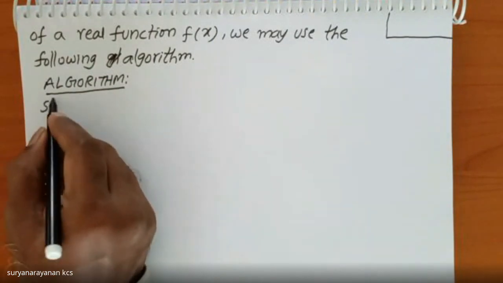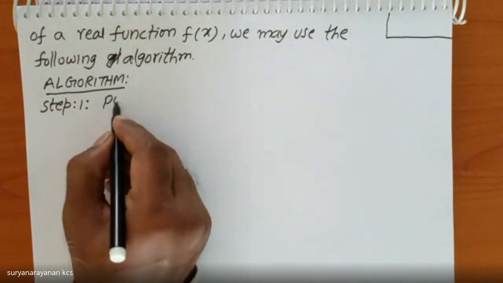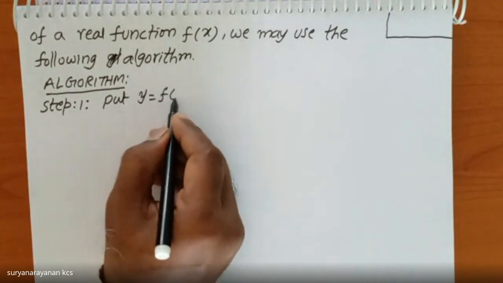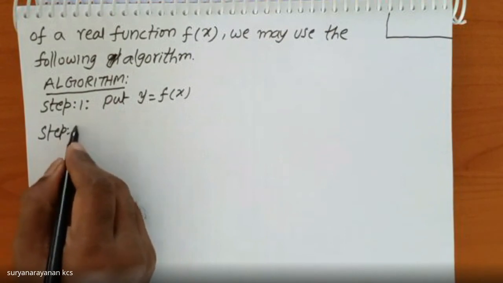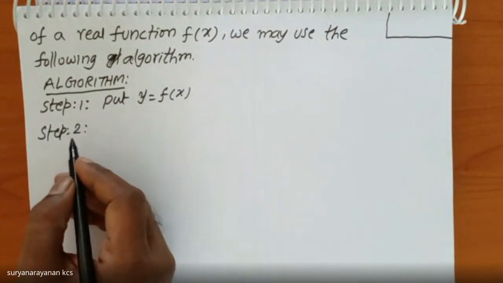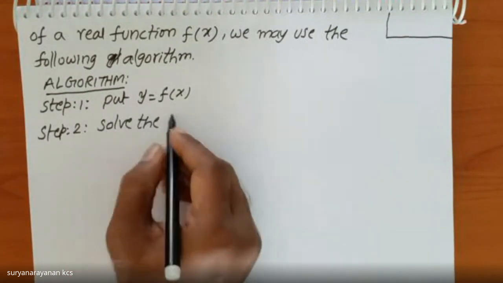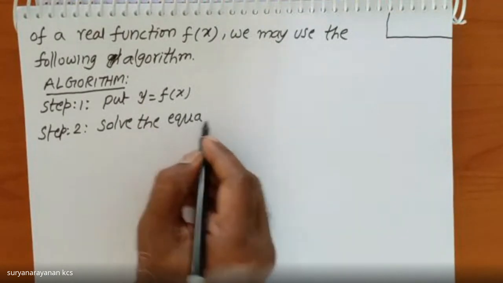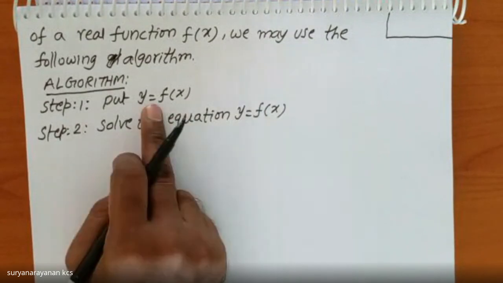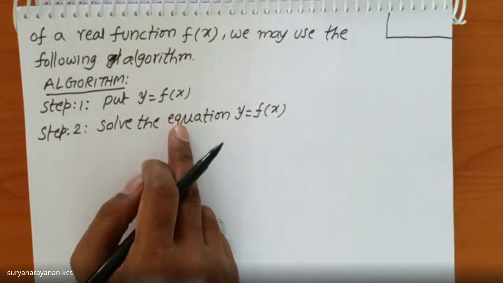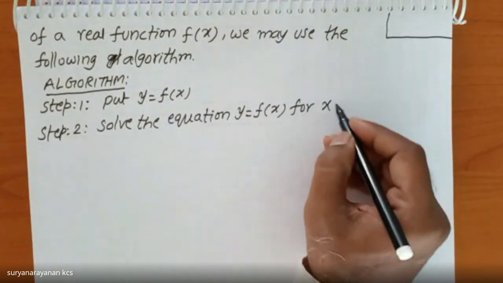Step 1. First of all, we have to put y is equal to f of x. We have to assume that y is equal to f of x. Step 2. Solve the equation y is equal to f of x for x in terms of y.